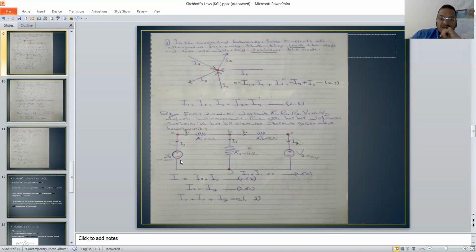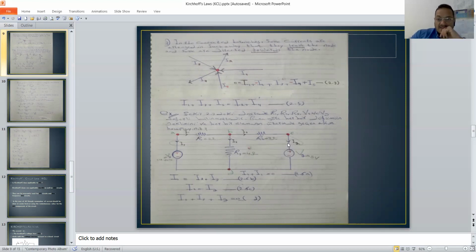Here VS is the independent voltage source, because like I said before, we're dealing with 2 different terminals and 3 different resistances. Here we have IS, I1, I2, I3, and IG with this voltage source VG.